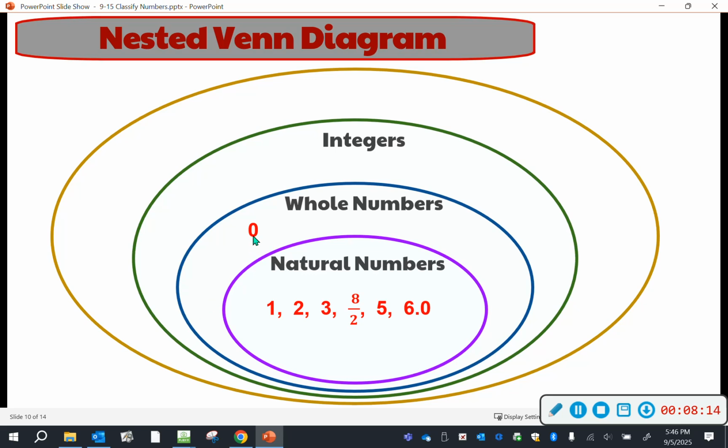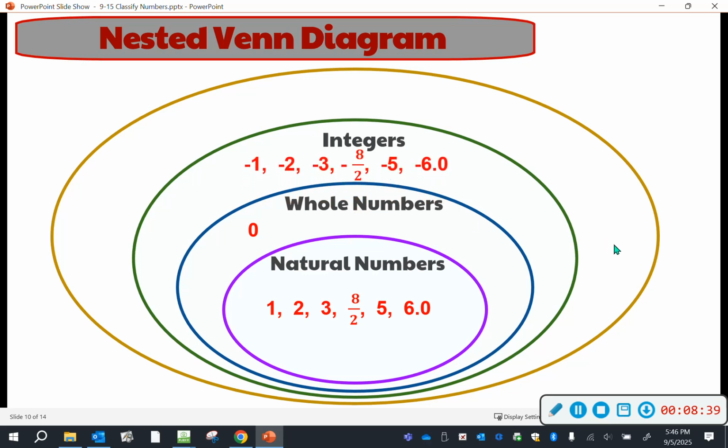Okay. 0 is an integer. It's inside the green circle. 1, 2, 3, 4, 5, and 6 are also integers because they're inside the green circle. Like the Labrador was a dog and it was a mammal. So natural numbers are whole numbers and integers. But what is not included in the whole and natural numbers are the negatives.